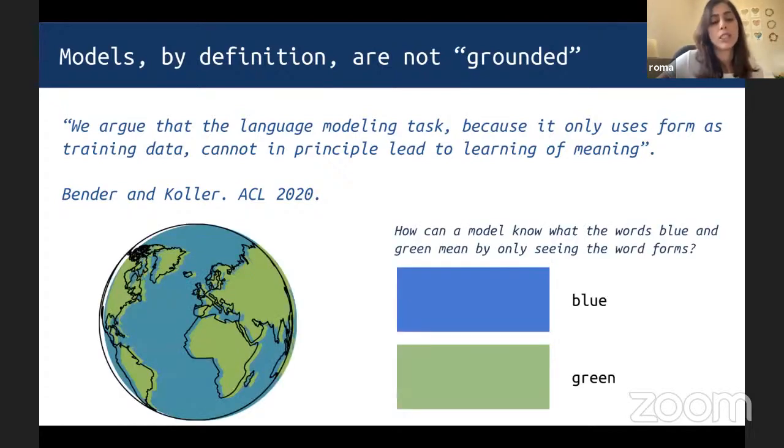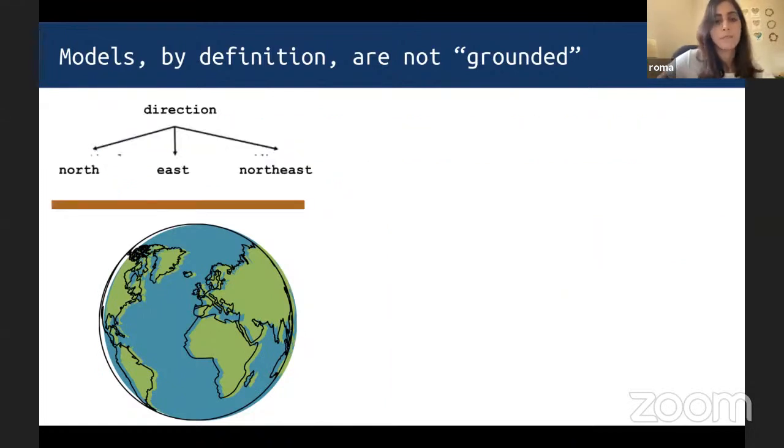For example, if you take a language model that's seen lots of instances of words like blue and green and red and yellow, and ask it to differentiate two things from one another, a language model can't actually know what the word blue means or what the word green means if it's only ever seen these contextual occurrences of these words in text without actually realizing what the word means in the world.